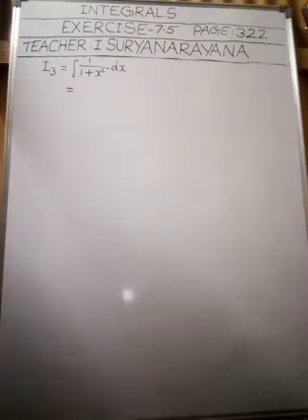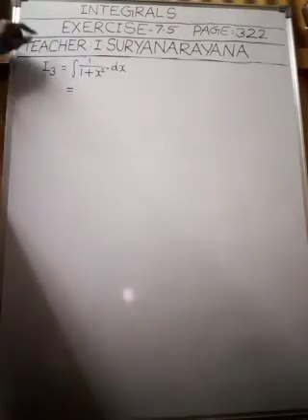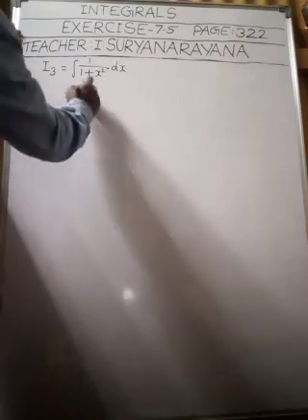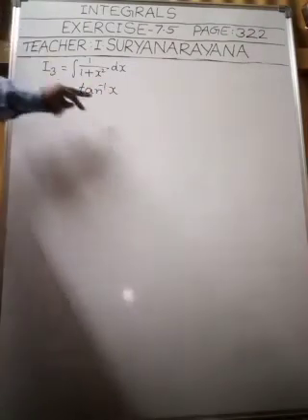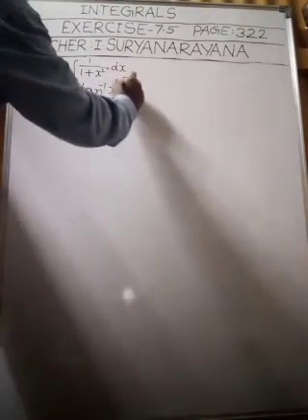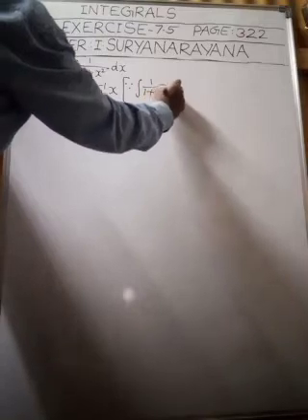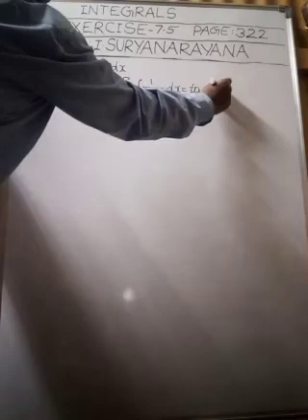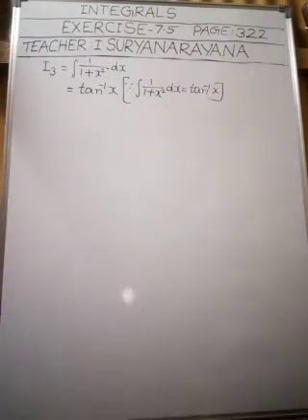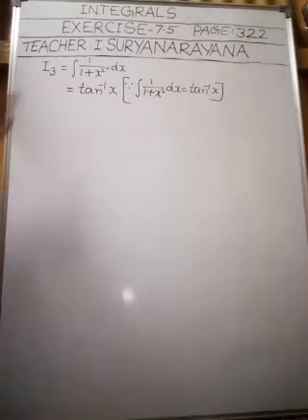This is a standard integral, which gives tan inverse x, because integral 1 by 1 plus x square dx is equal to tan inverse x. I gave the standard integral formula. Okay, my children. So we found the I3 value also.